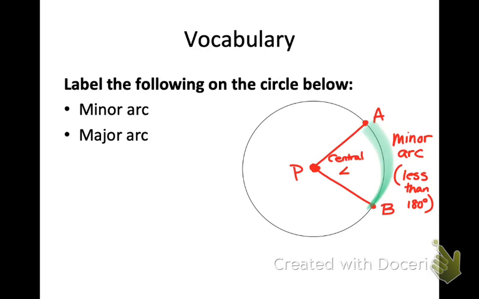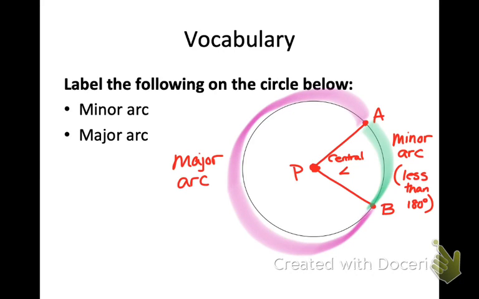So any arc that is less than 180 degrees, we consider that a minor arc. Okay? Any guesses on what you think the major arc would be? Above. So the rest of the circle, all the way around, would be my major arc, which means that it has to be more than 180 degrees.